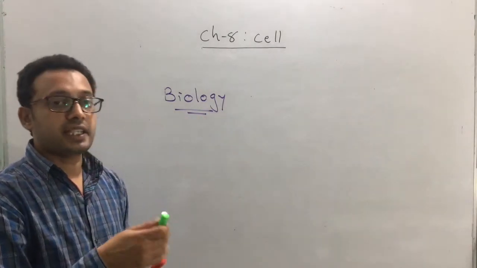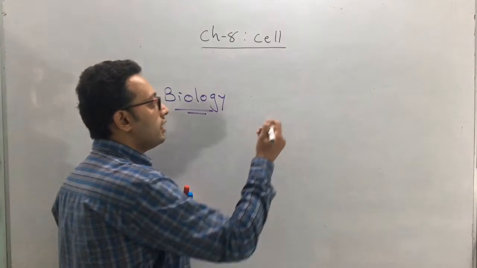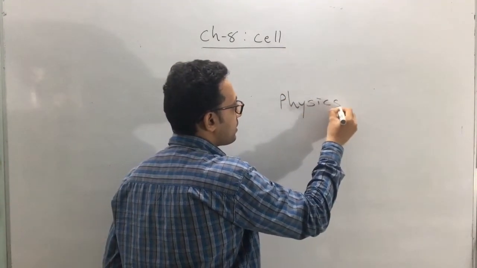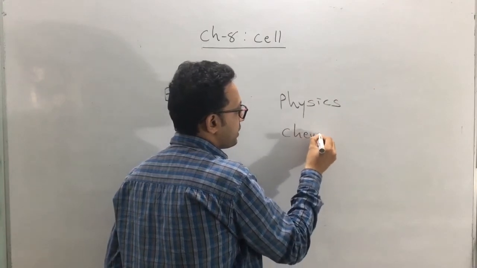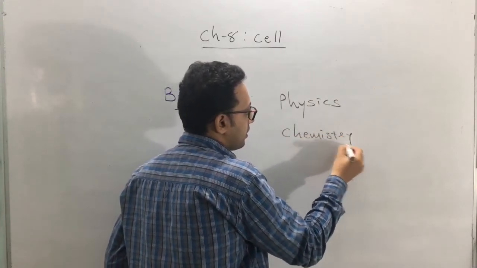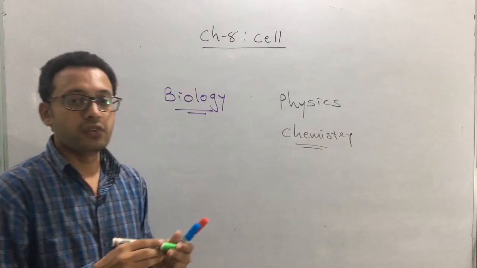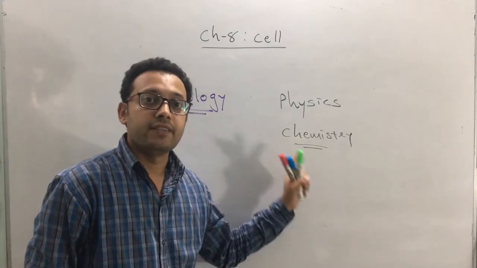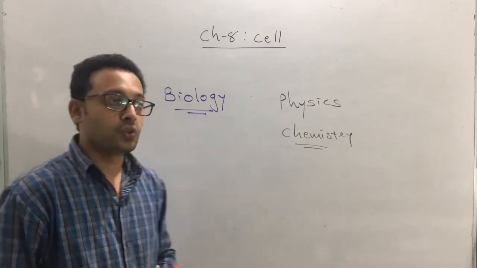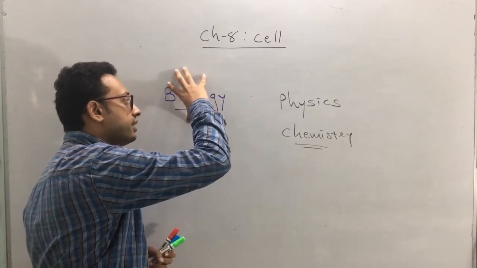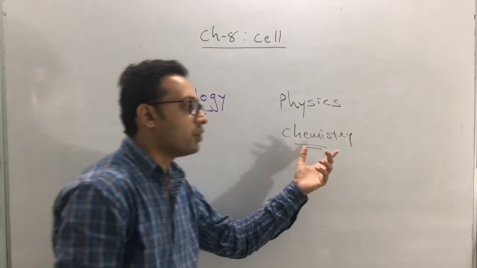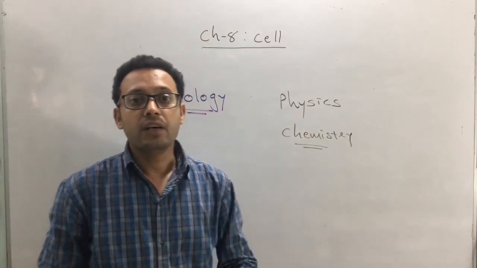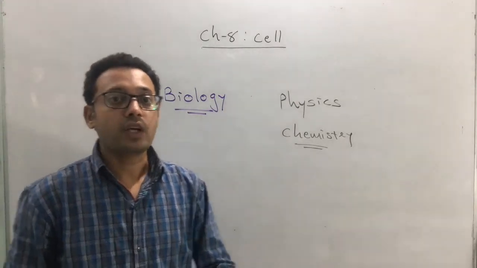Now the characteristics of non-living things you will learn in other sciences like physics and chemistry. So the characteristics of living things we learn in biology, and of non-living things in physics and chemistry.